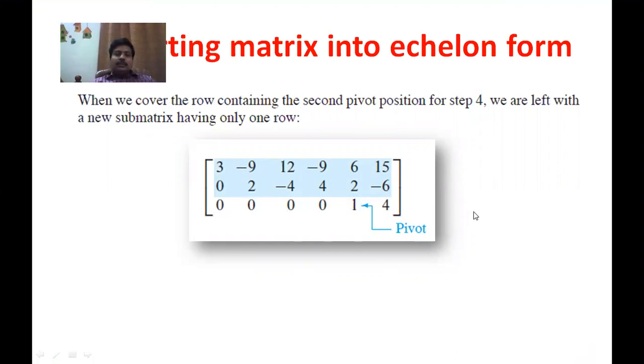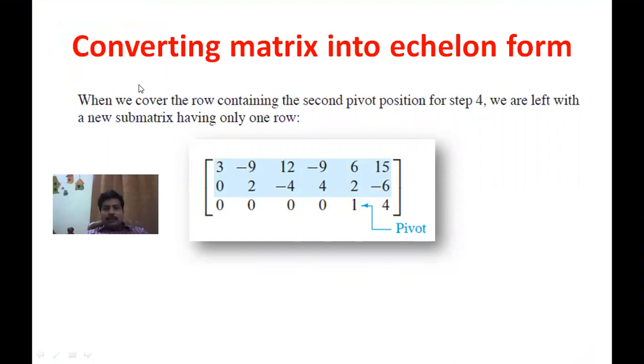So this is the matrix which is in echelon form.